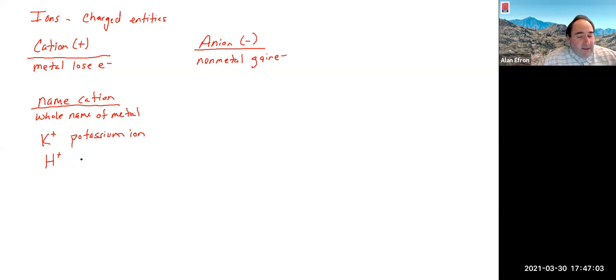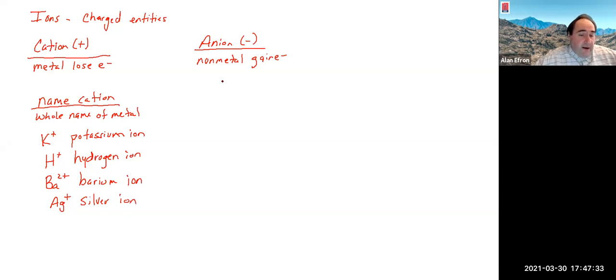We would call this the hydrogen ion. If we had something like barium, which is group 2, that would be our barium ion. If we had silver with a +1 charge, again, it would be the silver ion.